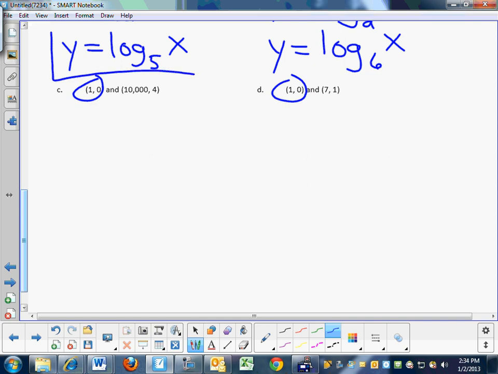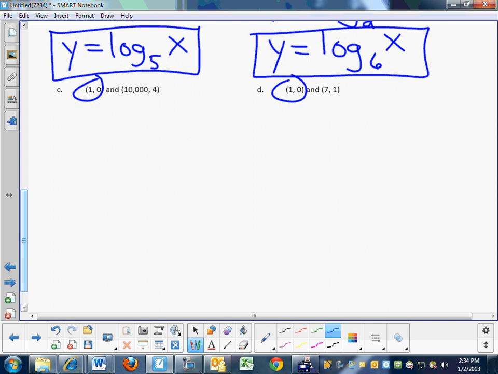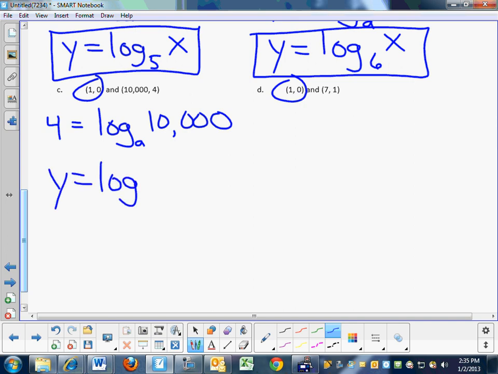We are writing an equation for a function that passes through the points. This one, I have 4 is my y value equals log base a of 10,000. What number do you take to the 4th power to get 10,000? 10. So I can just write y equals log of x.